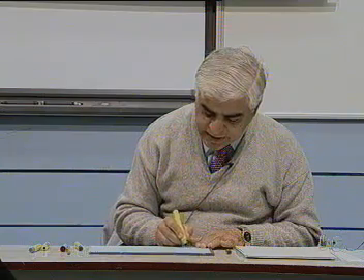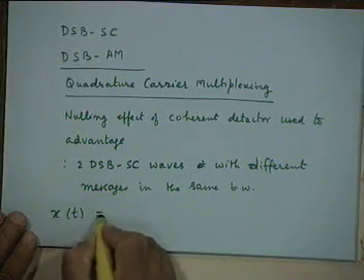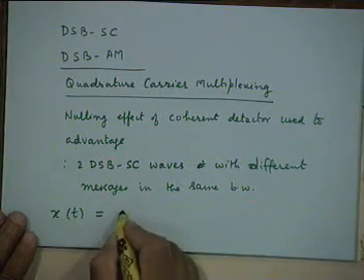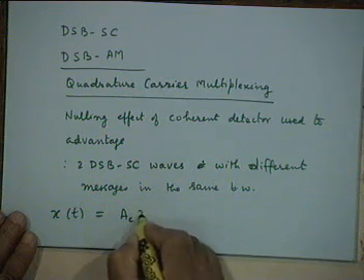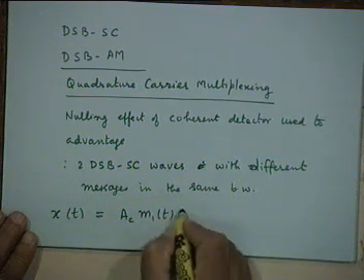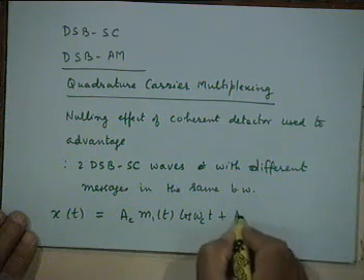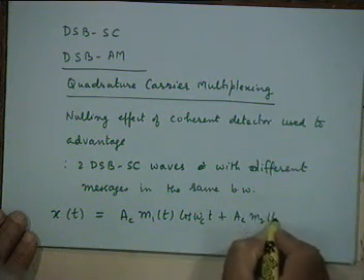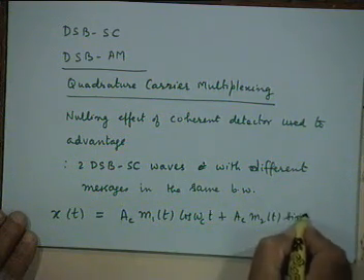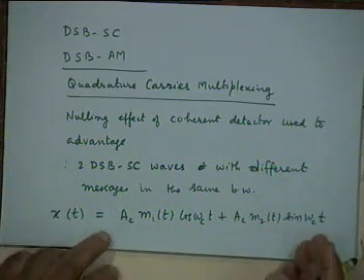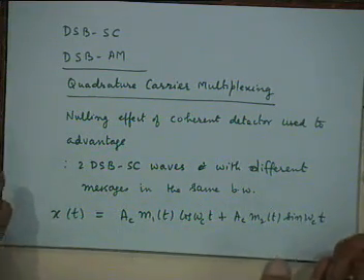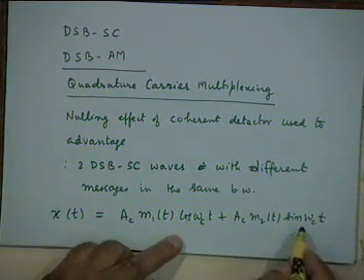So basically what we are saying is, suppose I use a modulated waveform which is x(t) equal to Ac m1(t) cosine omega ct plus Ac m2(t) sine omega ct, right? I am transmitting both of them together at the same carrier frequency.